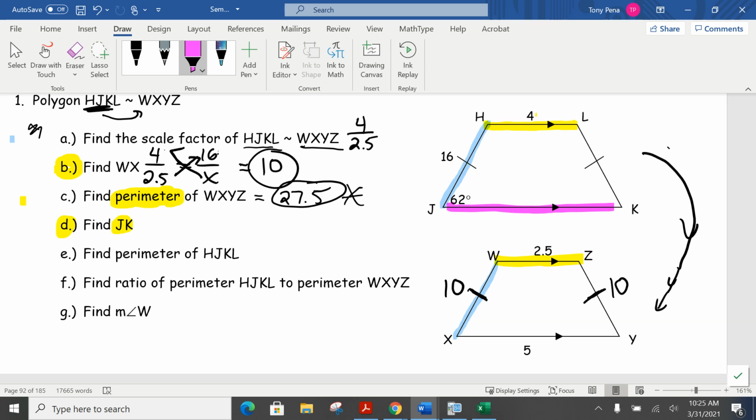Now we have many, many different options to get this set up. All right, think you got it, Cam?